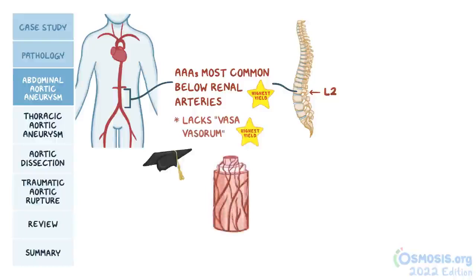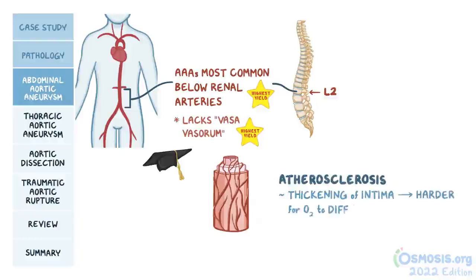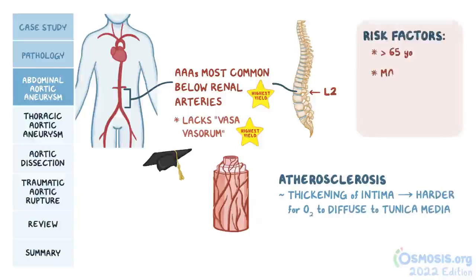Therefore, the absence of vasa vasorum in this part of the aorta makes the tunica media particularly susceptible to ischemia. That's because in atherosclerosis, thickening of the intima makes it harder for oxygen to diffuse to the tunica media. Other important risk factors include age greater than 65, male sex, smoking, and a family history of abdominal aortic aneurysm.